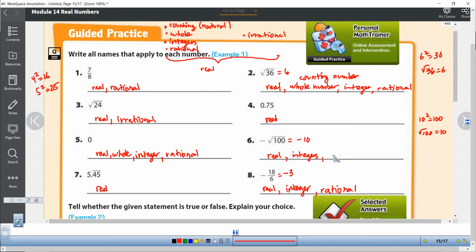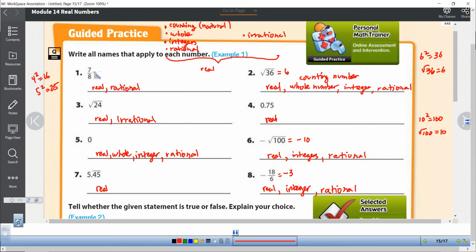So 0 was a whole number, therefore it was automatically an integer, rational, and real. I only started with real, which is the biggest category, because I knew all of them would be real.